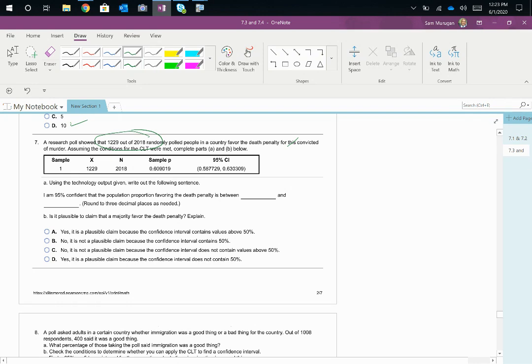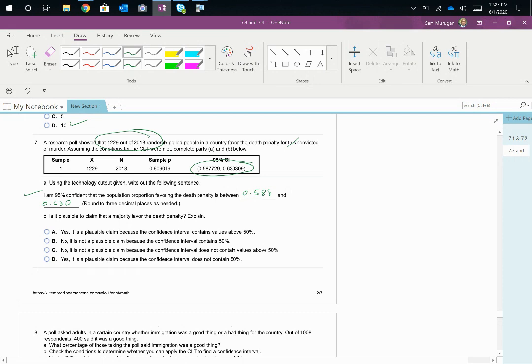Assuming the conditions for the central limit theorem were met, complete parts A and B below. So I am 95% confident that the population proportion favoring the death penalty is between these two numbers to 3 decimal places, 0.588 and 0.630.